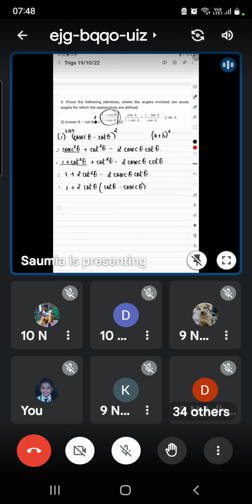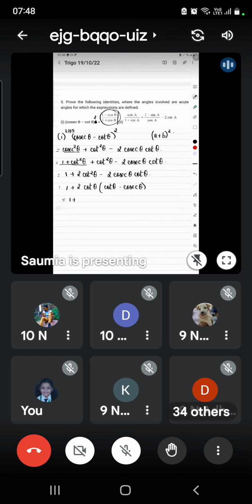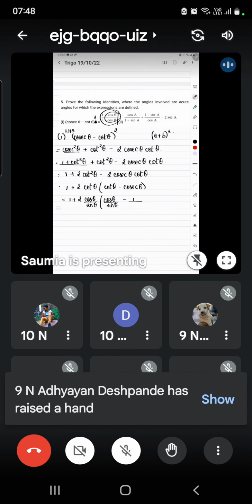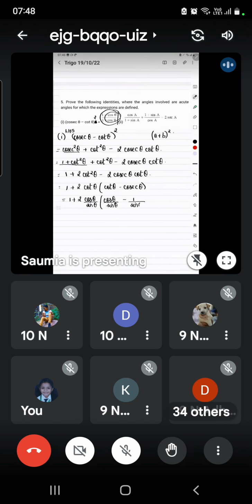Then what should I do? Now, my idea is to bring cos. So let me replace my cot theta as cos theta upon sin theta. Cos theta upon sin theta. This also I will write as cos theta upon sin theta. And 1 by cosec theta can be written as? 1 by sin theta. Yes.